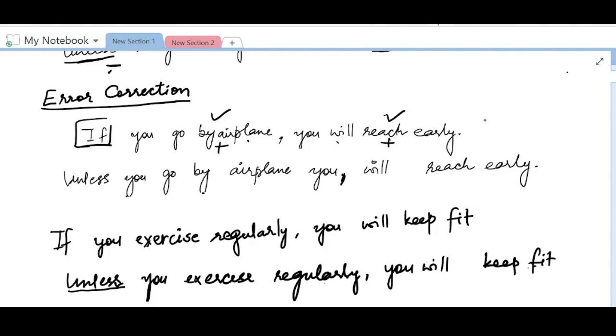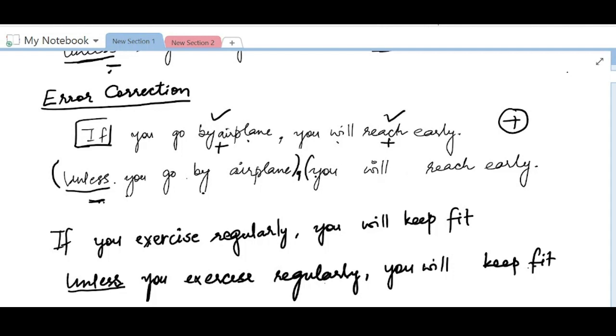So plus plus plus. Now, you already know, and I have already told you, that unless is a negative word. Unless you go by airplane, this clause has become negative.